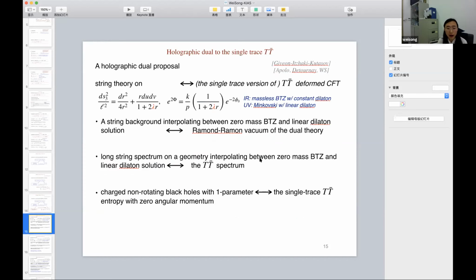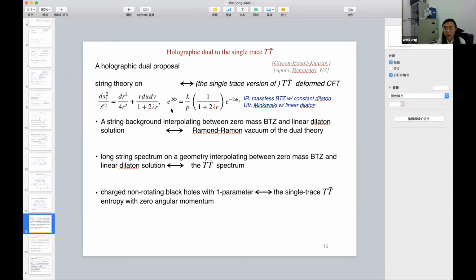There are certain pieces of evidence that we can show. One is that one can consider the long string spectrum on this string background, and calculate the string spectrum and write it in terms of the undeformed spectrum.